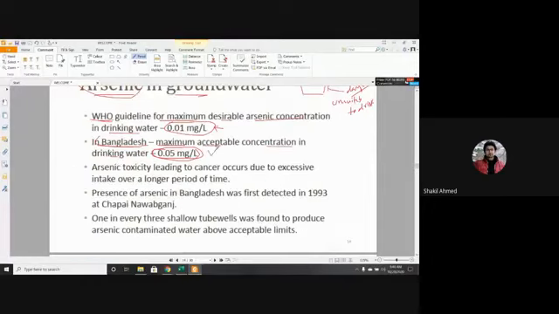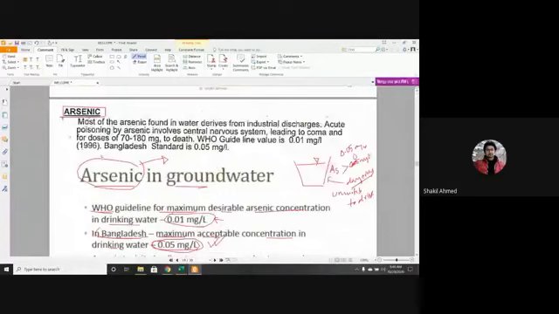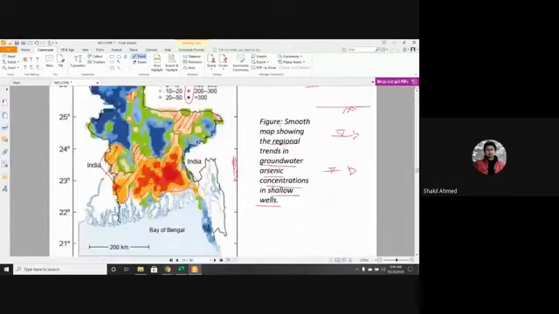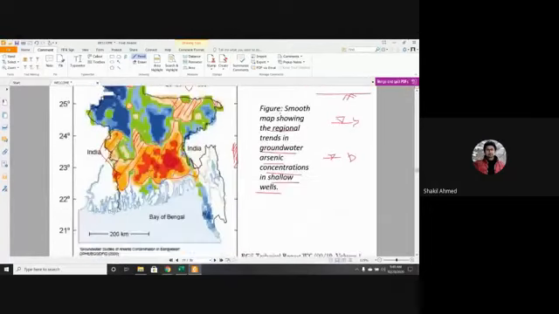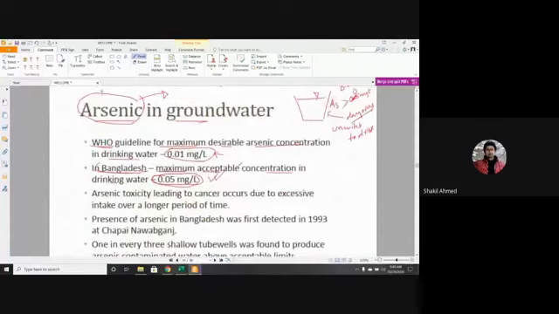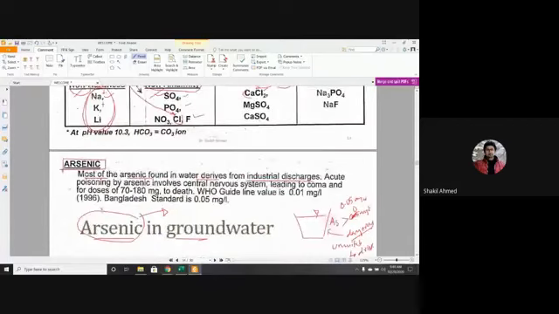Most of the arsenic found in water derives from industrial discharge, but in this groundwater, it is naturally occurring. Acute poisoning by arsenic involves the central nervous system.